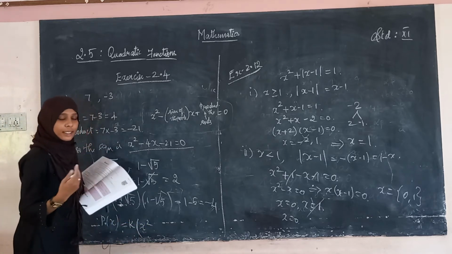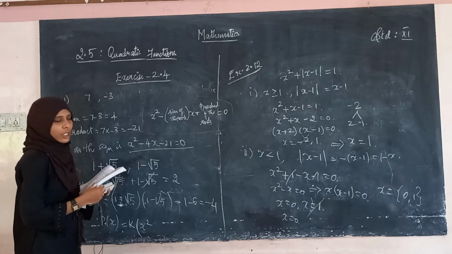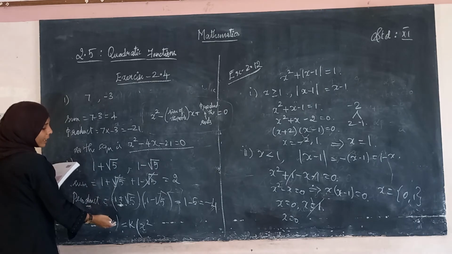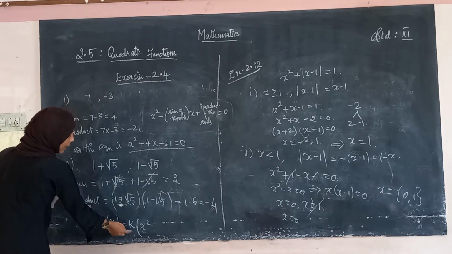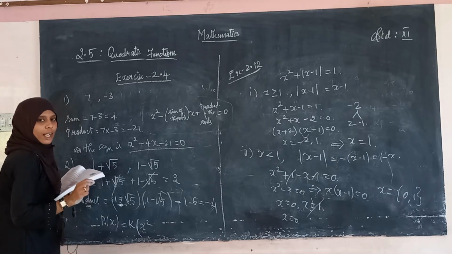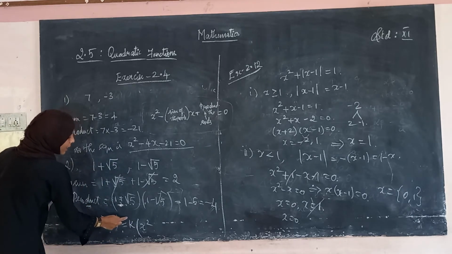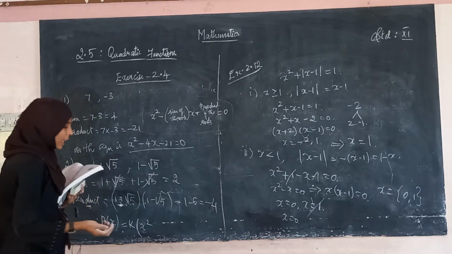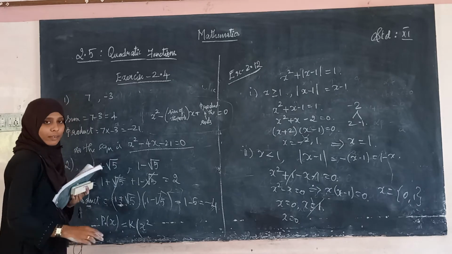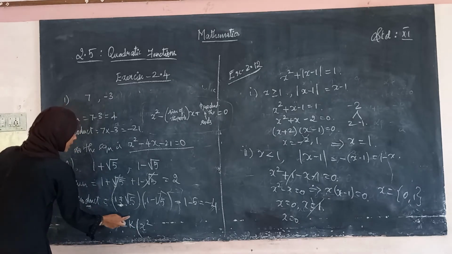It may consist of some coefficient. If they had asked for a quadratic equation, we wouldn't write this k. Since they have asked us to find the polynomial function, we are writing an element k. If the value of k is 1, there is no coefficient. If the value of k is something else, this may contain some coefficient. Therefore, we are writing some k here.